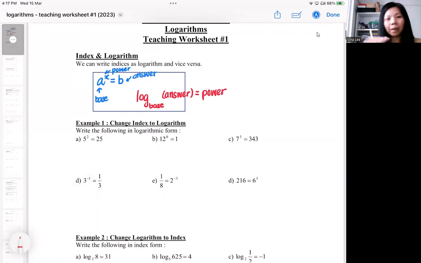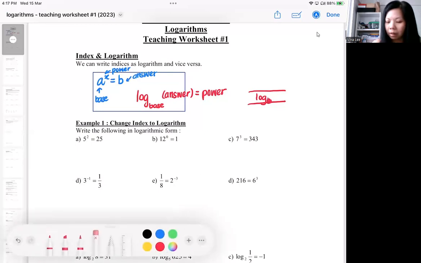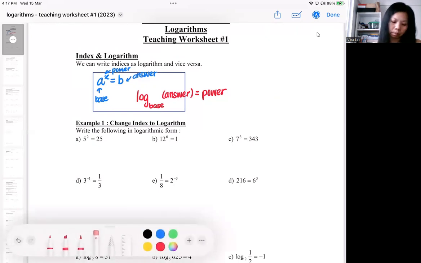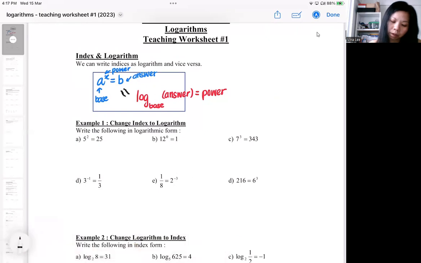When you write the base, for example if you're writing on Foolscap, you write a G, so you make sure the base is kind of at the bottom of the letter G. First of all, you need to rearrange a component of the indices into a logarithm format. This is interchangeable.